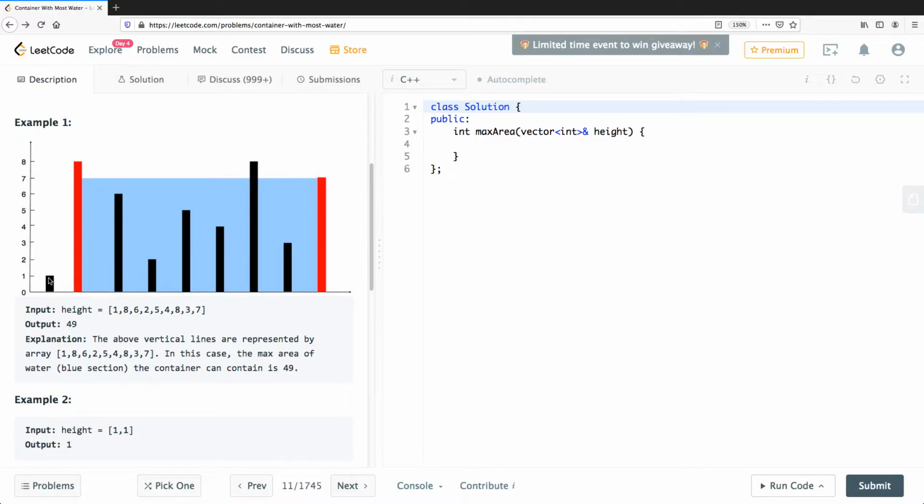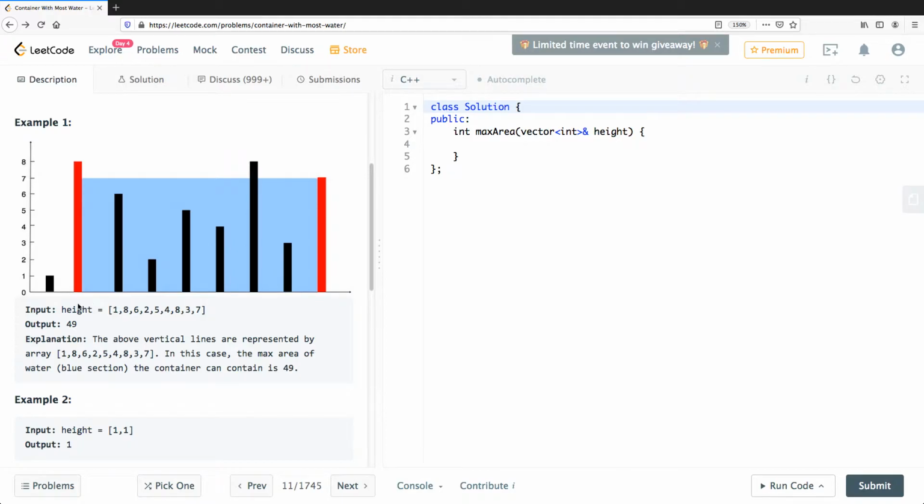Imagine you take the line at index 1, and then, 0, 1, 2, 3, 4, 5, 6, 7, 8, or if you take 1 to 8, right?